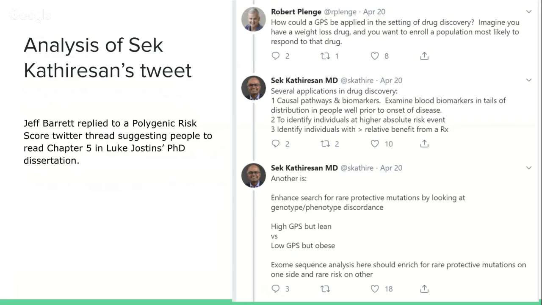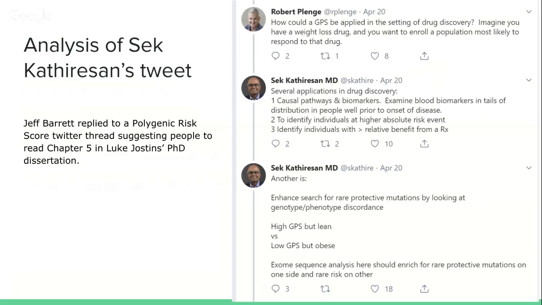And what he said is that there are several applications in drug discovery. One is to find the causal pathways and biomarkers, examining blood biomarkers and tails of distribution in people well prior to onset of disease. Meaning you can say, if these people are healthy and have these genotypes, and these other people have obesity or cardiovascular disease associated to obesity and have these other genotypes, let's find where these genotypes are, which are the genes, and then understand the pathways and biomarkers.